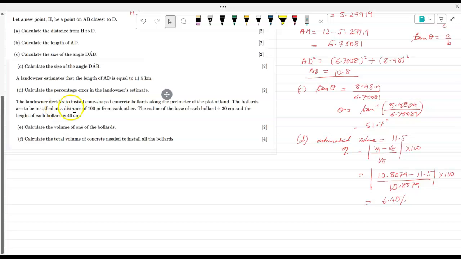The landowner decides to install cone-shaped concrete bollards along the perimeter of the plot of land. The bollards are to be installed at a distance of 100 meters from each other. You know what a bollard is? Conical bollards like the cones they put in traffic.